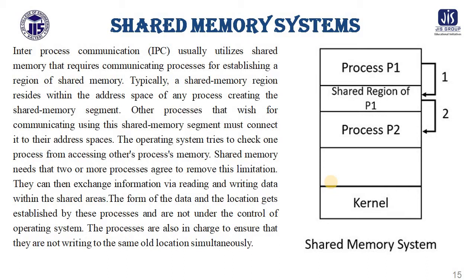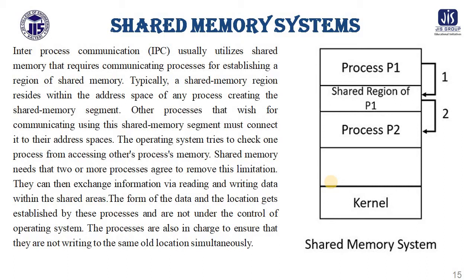The operating system normally prevents a process from accessing another process's memory. Shared memory needs two or more processes to agree to remove this limitation. Then they can exchange information by reading and writing data within the shared areas.